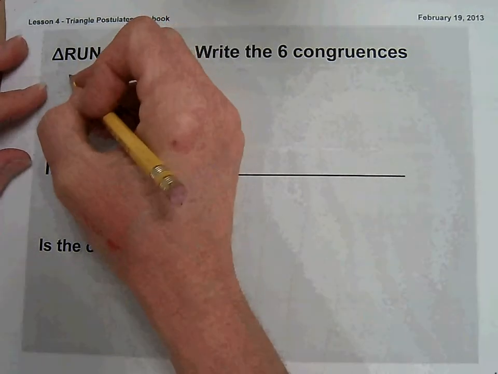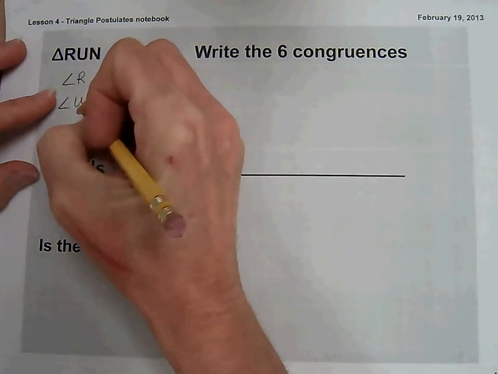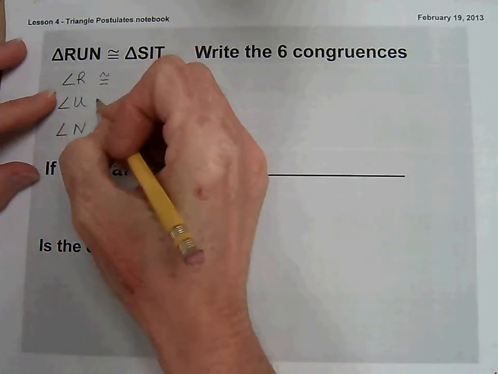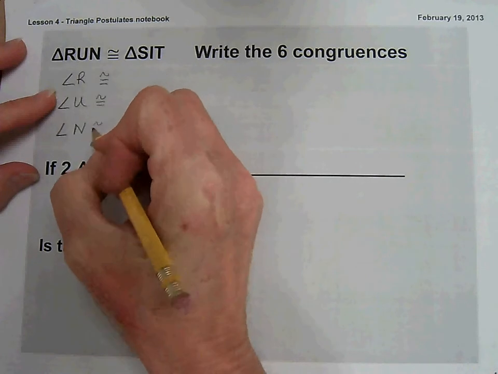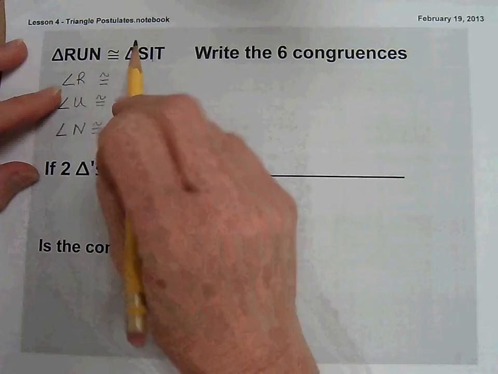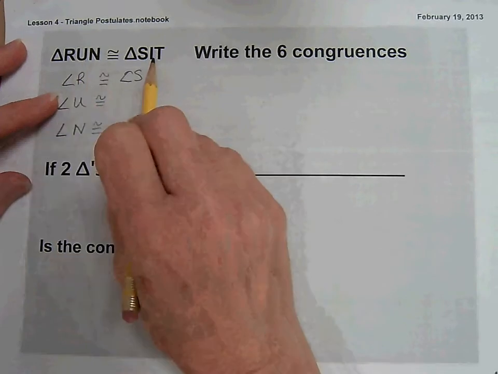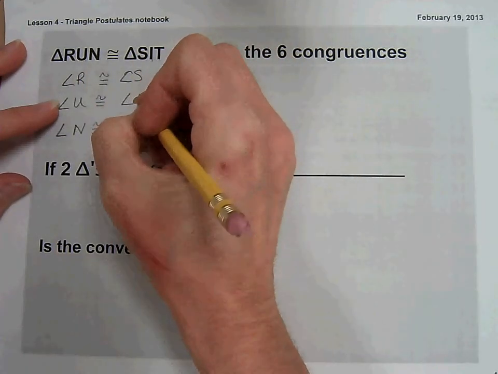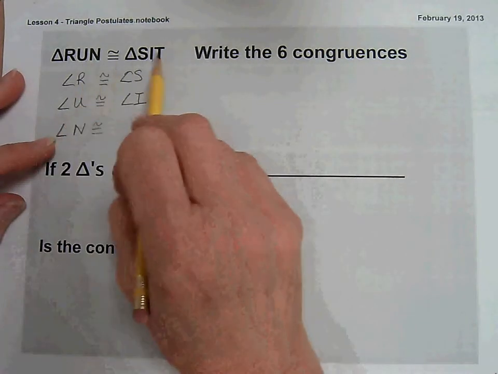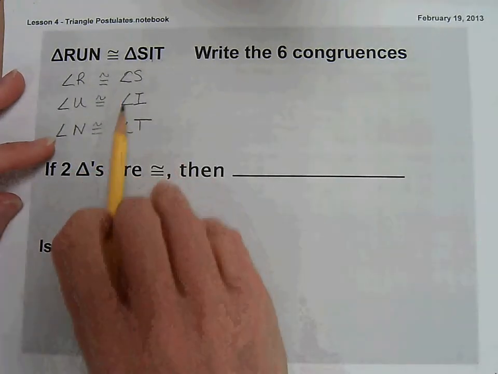So that must mean that we've got an angle R and an angle U and an angle N. So for our angles to be congruent, and they wrote it in this order, that must mean that R must go with angle S, and that U must go with angle I. Angle N must go with angle T. Okay? So there are all of our angles.